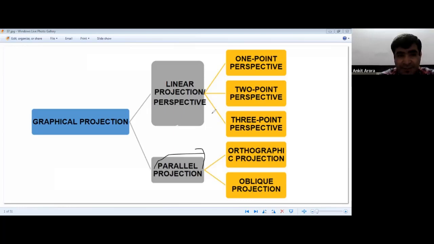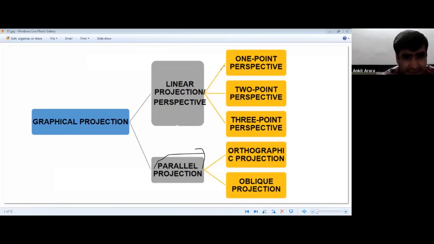As the word suggests, parallel is nothing but something that is obviously not going to meet. Like we had discussed about vanishing point yesterday, and all those orthogonal lines. Orthogonal lines will be here, but they will not be meeting. So that is why it is different from the perspectives.